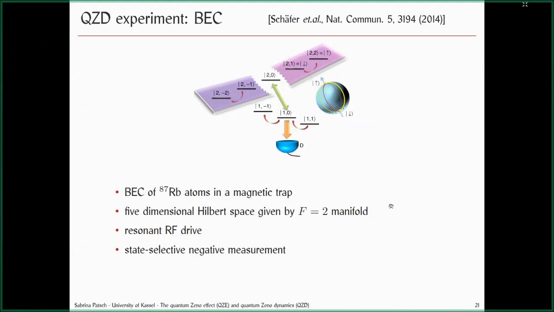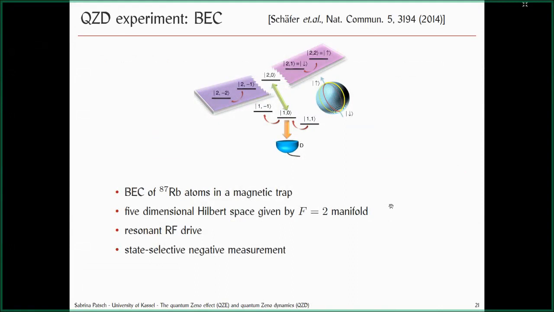And you see the evolution that we want to consider now. So I talked about we have a system and we have dynamics and we want to cut it somewhere. We want to induce quantum Zeno dynamics. And that we do in the upper subspace, so in these 5 levels, which are indicated purple. And there you have the F=2 hyperfine manifold of rubidium. And we start in the state 2,2.